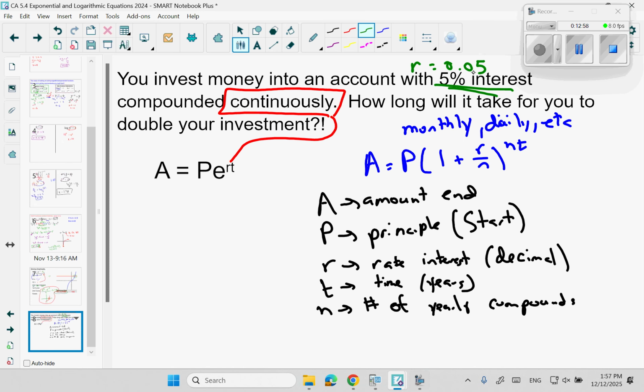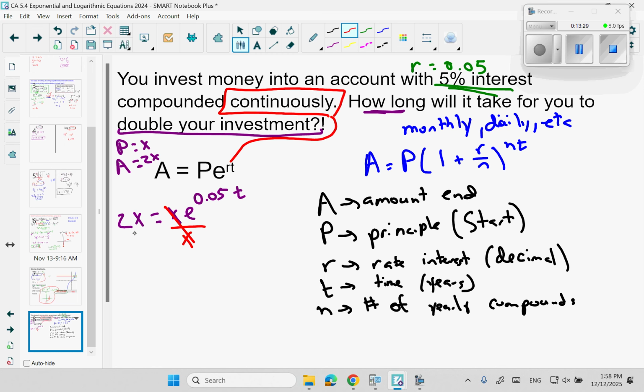Okay. How long will it take you to double your investment? Well, I don't know what my investment is, so for the sake of argument, I invest x. If I'm talking about doubling my investment, A would have to equal 2x because it has to be double. So I get 2x equals x e to the 0.05t, because I'm solving for t. Well, I can divide both sides by x.